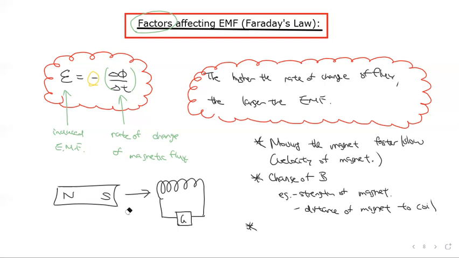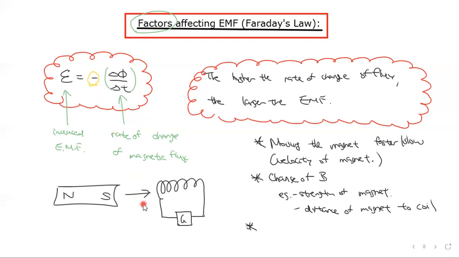Another key difference that we haven't really spoken about, and that kind of explains the N here, depending on how you view phi, is that phi represents, if you like, the flux throughout the coil. Now, I'm thinking of the coil as one whole thing. If you think of the coil as one single coil, then the more turns of the coil you have, the more rate of change of flux there is, which is why you might sometimes see this formula with an N representing the number of coils.